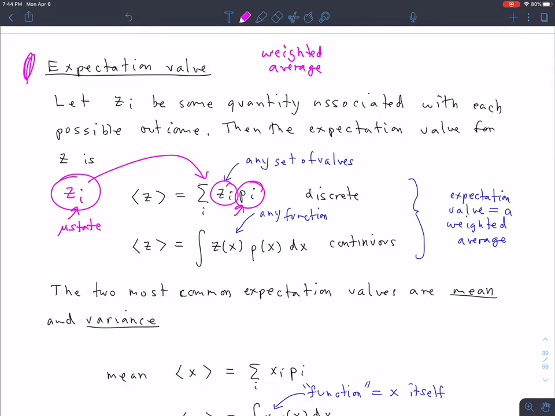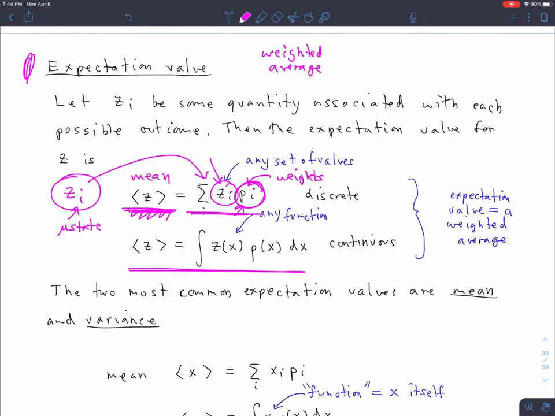So I take the property I want, I multiply it by the probability for that microstate, and then I sum over all the possible microstates, and that gives me my weighted average, right? These are the weights. The probabilities are the weights. And here's my quantity of interest, and I'm weighting each of those quantities by the probability, summing over them all, and that gives me my weighted average, which is my mean value for z.